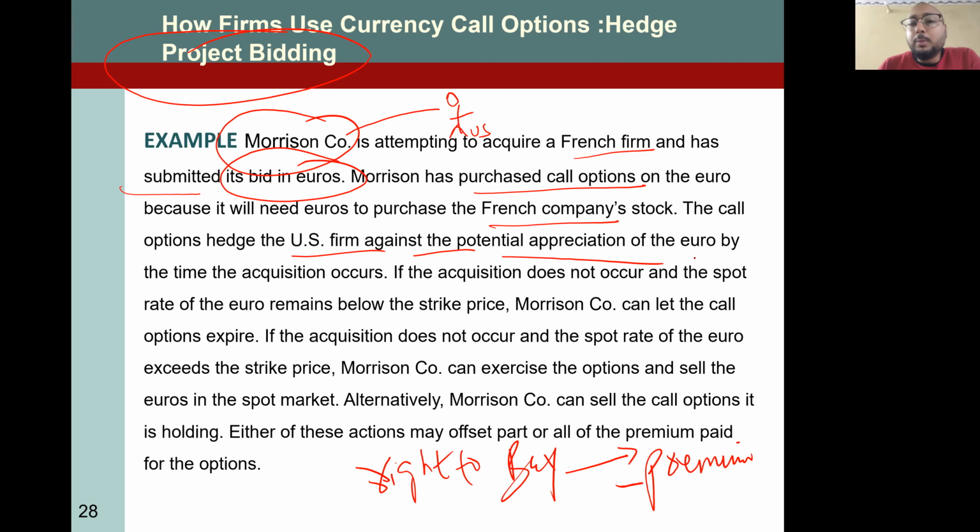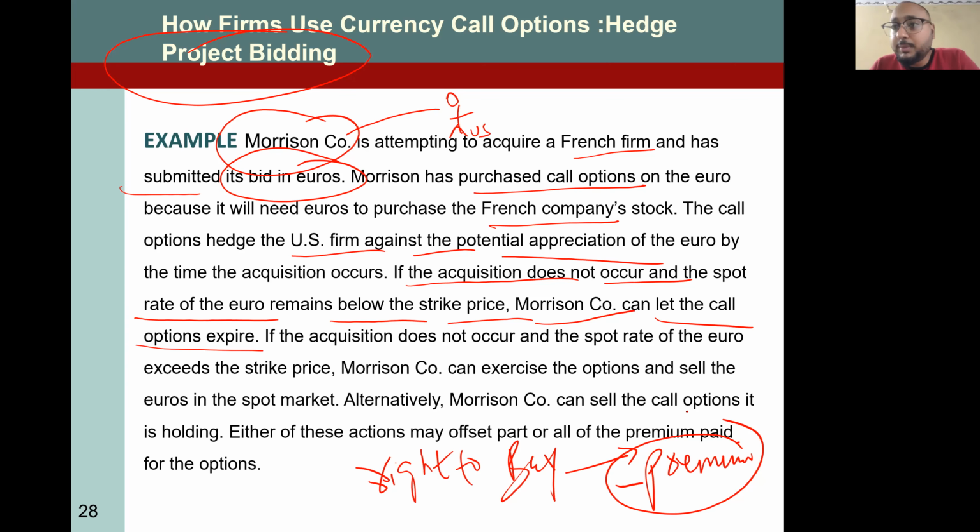But if the acquisition does not occur and the spot rate remains below the strike price, Morrison can let the call option expire. Morrison already paid the premium, so I have a right, I have the option to buy or not, because I paid the upfront premium.